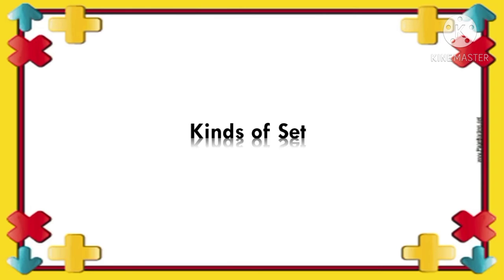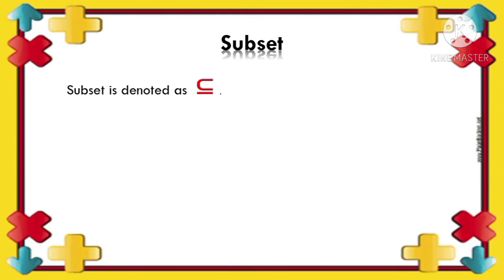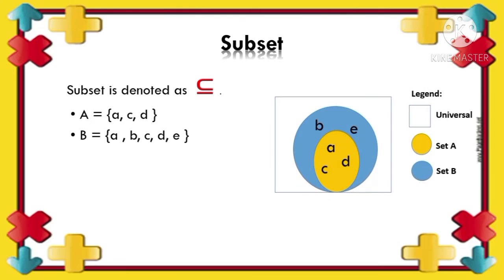Now let's discuss kinds of set. First is what we call a subset. A subset is denoted by this symbol. For example, we have set A and set B. Set A consists of elements A, C, and D, and set B consists of elements A, B, C, D, and E. It can be represented as a Venn diagram.